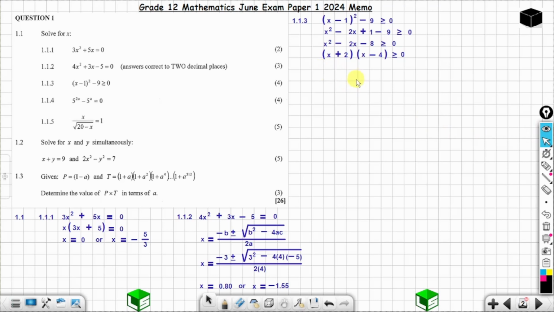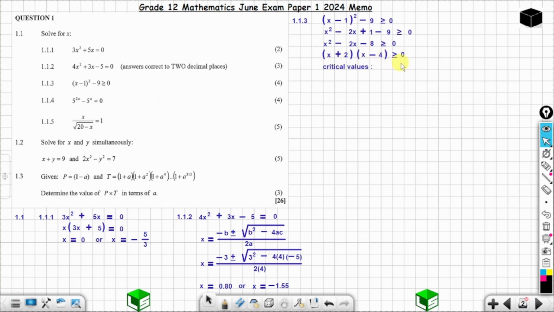Now, you need your critical values. This is how you go about solving for a quadratic inequality. You need your critical values. Okay, so your critical values, you're going to have x is equal to negative 2 or x is equal to 4.